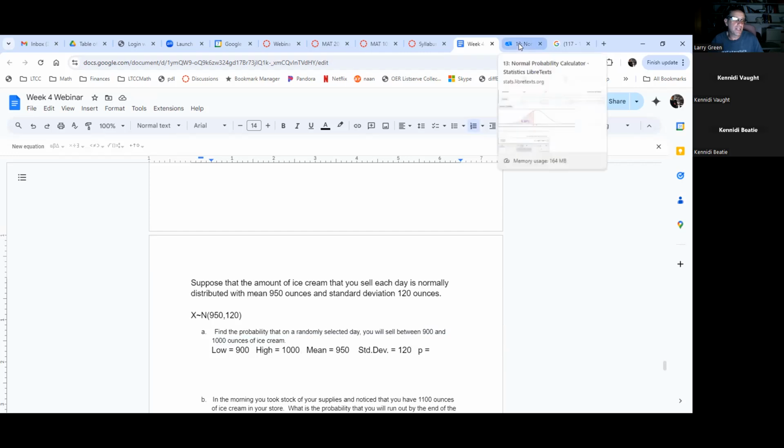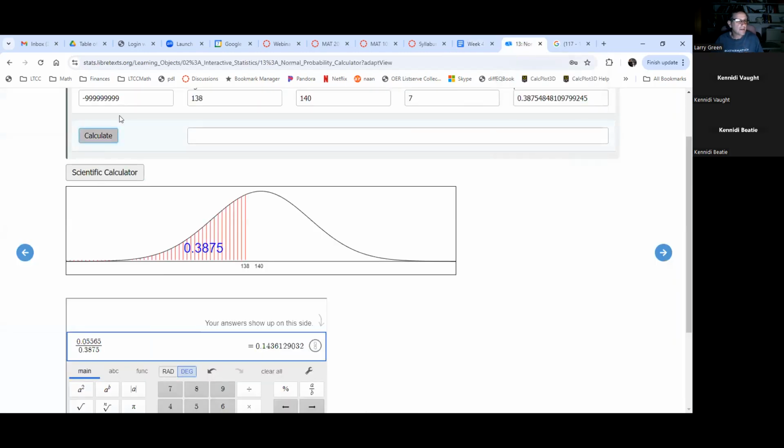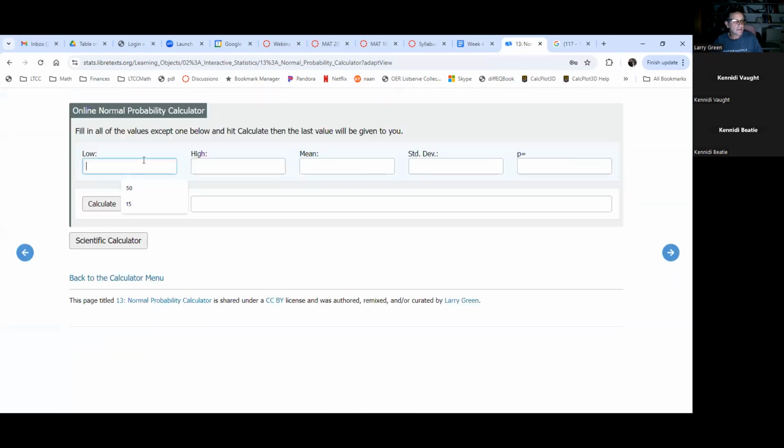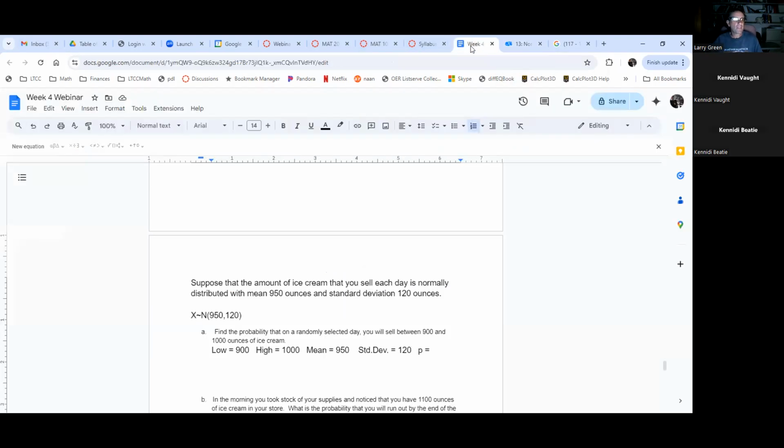And then we go ahead and put it in. So I'm going to hit refresh, so it just starts it over. So we had 900. We had 1,000. Okay, we had 950 and 120.